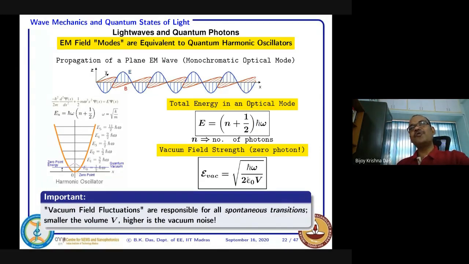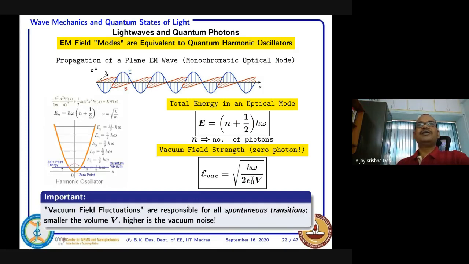But from a photonic point of view, where is this field coming from, where is this energy coming from? It was speculated that, as I said, even when no photons are there, spontaneously in the cavity there will be random photon generation and destruction of these photons. As a whole, if you take the average, you will get this amount of energy.